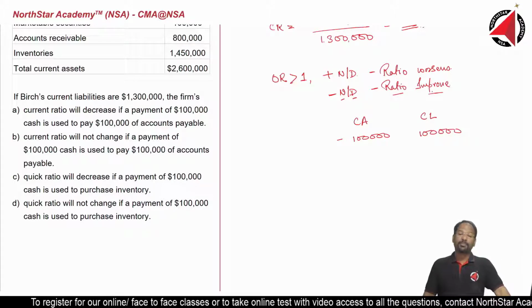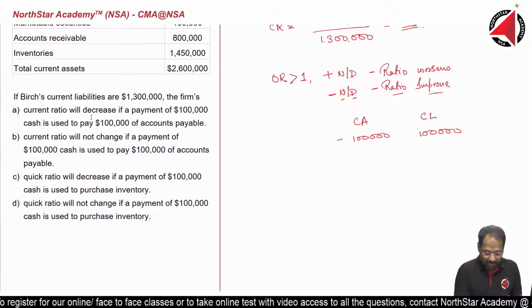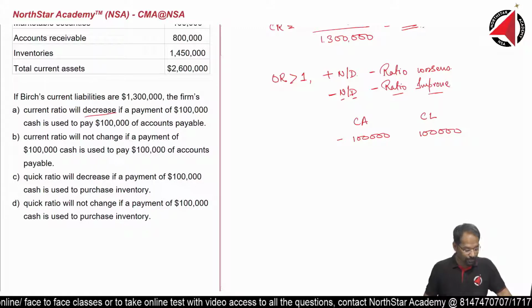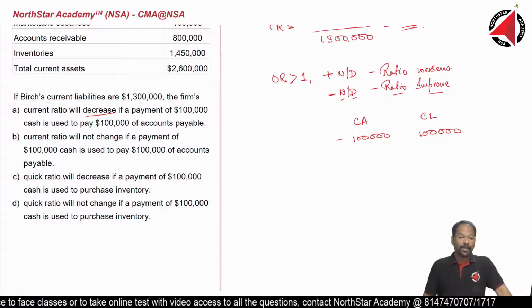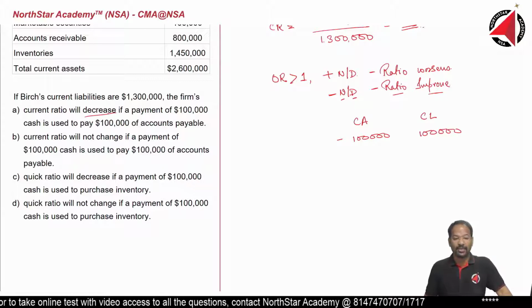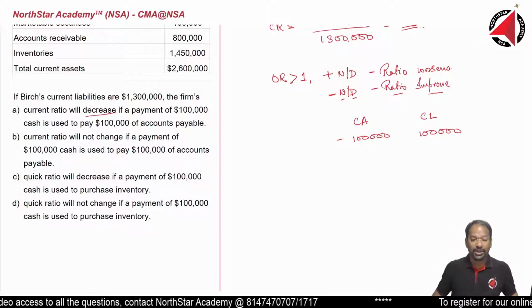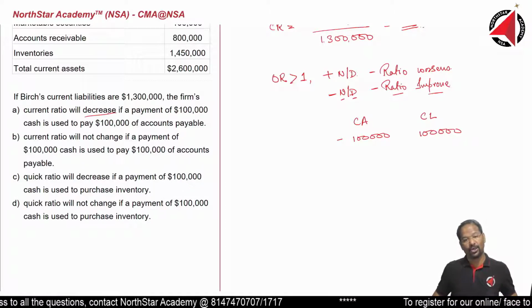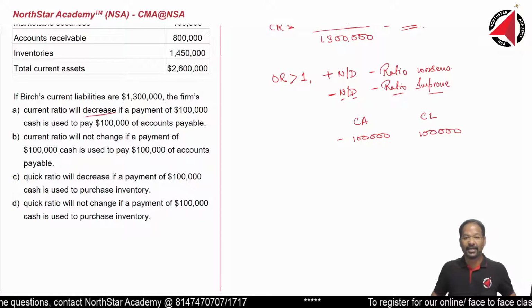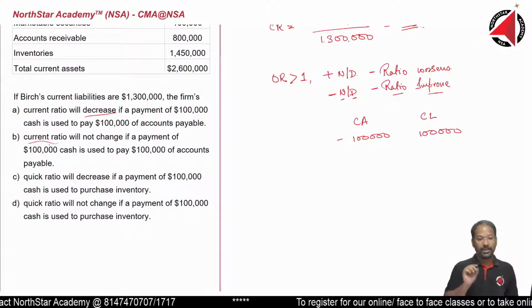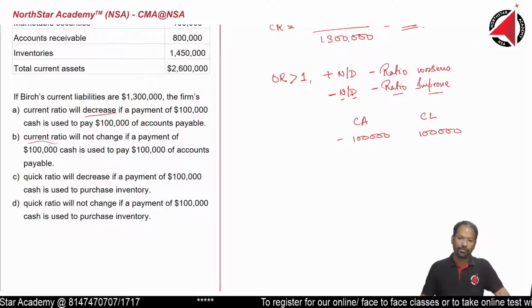So option A is incorrect because it says it will decrease, whereas actually it will improve. Option B: current ratio will not change if a payment of 100,000 cash is used to pay 100,000 of accounts payable. Remember, the ratio will definitely undergo a change, but net working capital will not change. But here, since it says current ratio, option B is also incorrect.